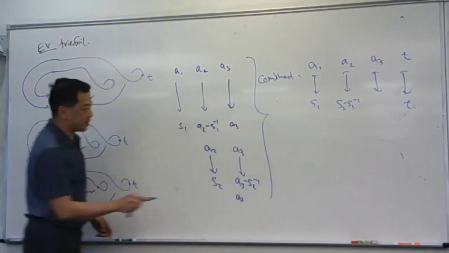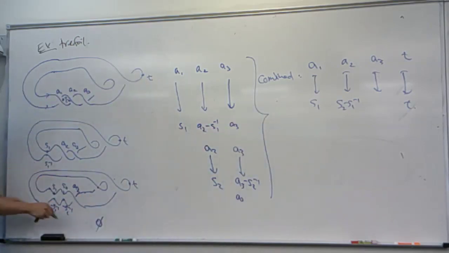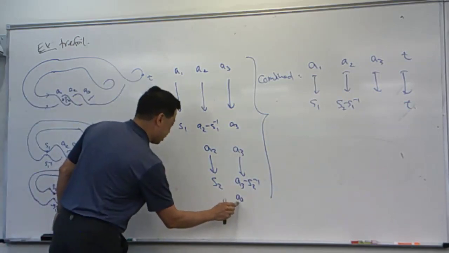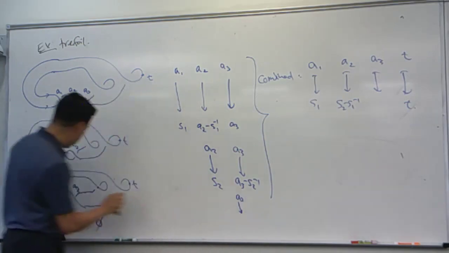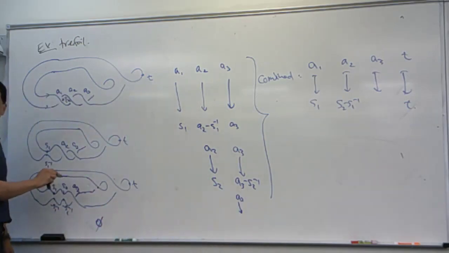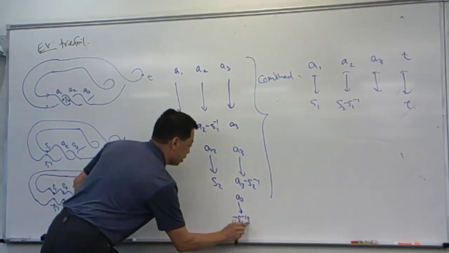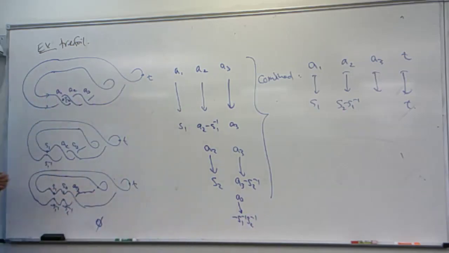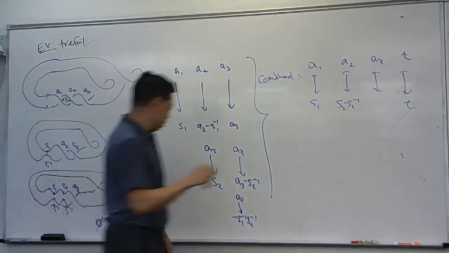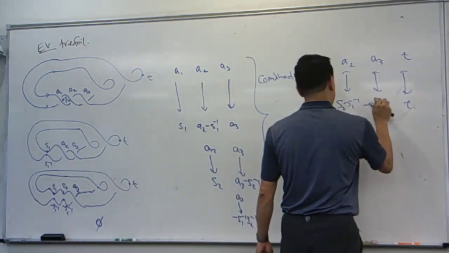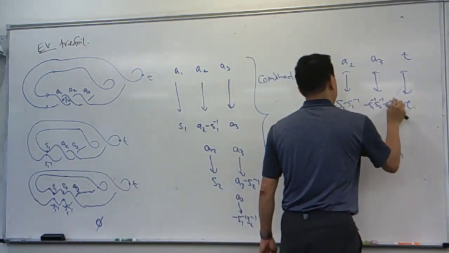which I've only talked about saddle cobordisms, but there's a cobordism that just fills in unknots, and what it does is the unique augmentation. So A3 in this case, what did I say? 1 plus S1, S2, S3. If there's going to be an augmentation, A3 has to be sent to minus S1 inverse, S2 inverse. So if you combine these all, what you get is minus S1 inverse, S2 inverse minus S2 inverse.